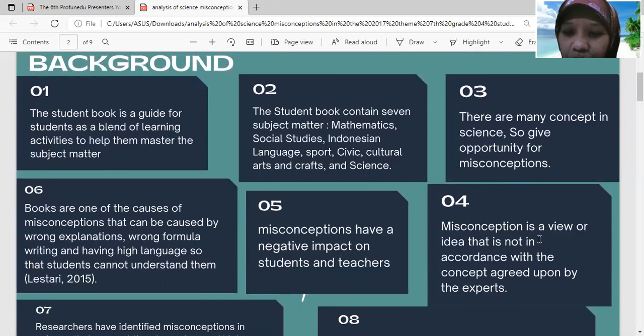Misconception is a view or idea that is not in accordance with the concept agreed upon by the experts. Misconception has a negative impact on students and teachers. Books are one of the causes of misconception, which can be caused by wrong explanation, wrong formula writing, and having high language so that students cannot understand them.